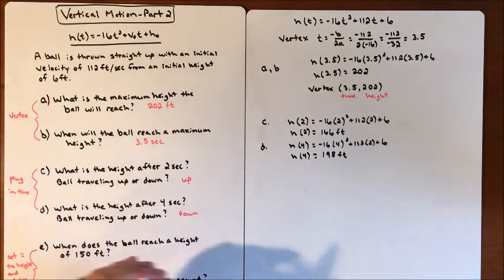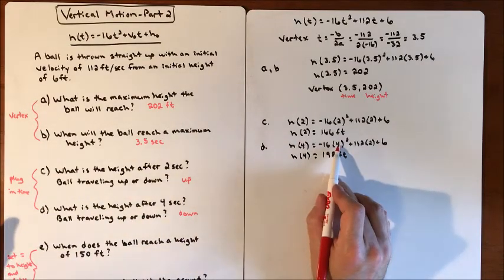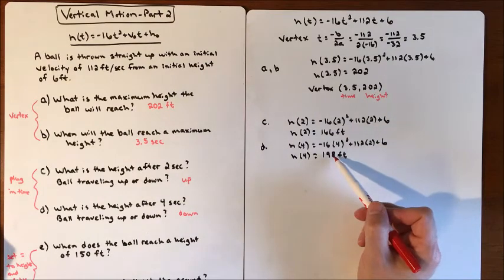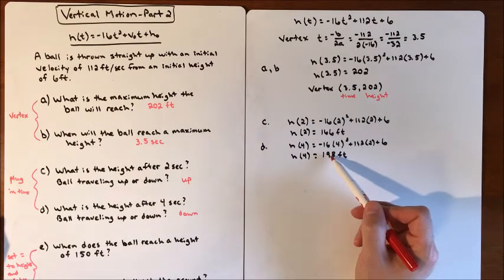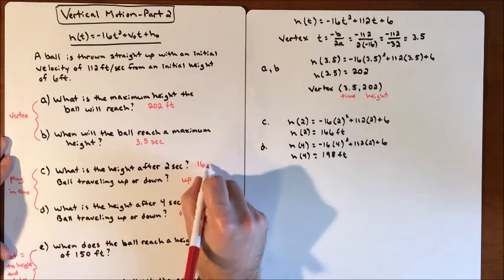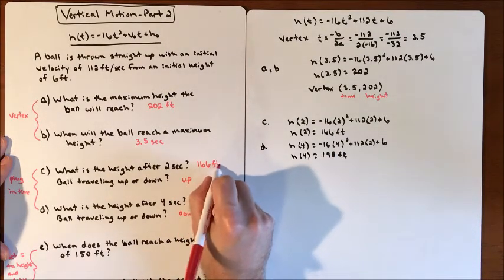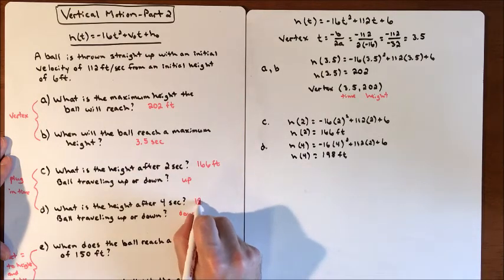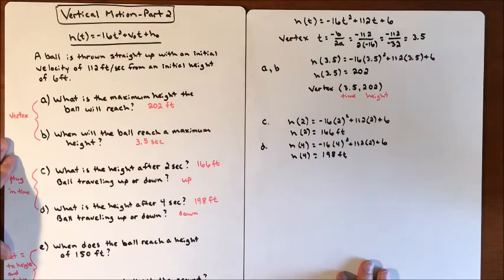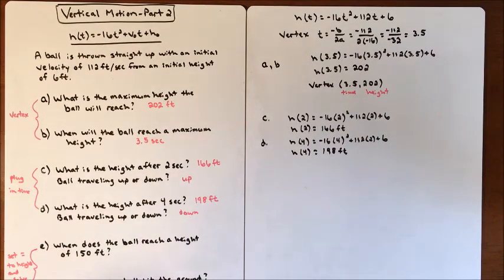Which seems right because 4 seconds is just after the vertex. The maximum height's 202 and we're just on the way down, so it should be close to the vertex. So we have 166 feet for 2 seconds, we have 198 feet for 4 seconds.